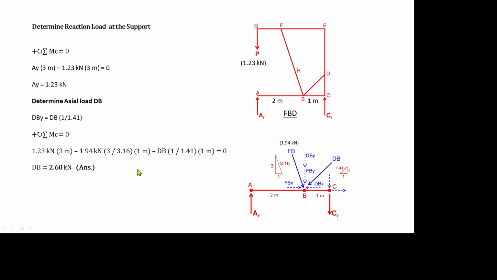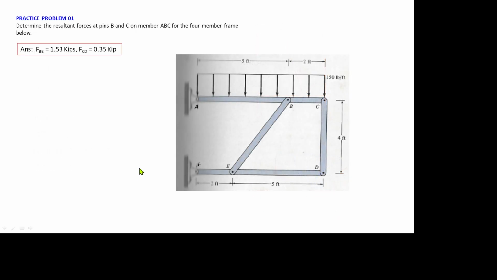So the next one, guys, is the bonus question. This is a very similar problem. If you solved that problem, I don't have any reason that you cannot solve this one, because this is very similar. So this problem is to determine the resultant forces at points B and C on member ABC for the 4-member frame below.